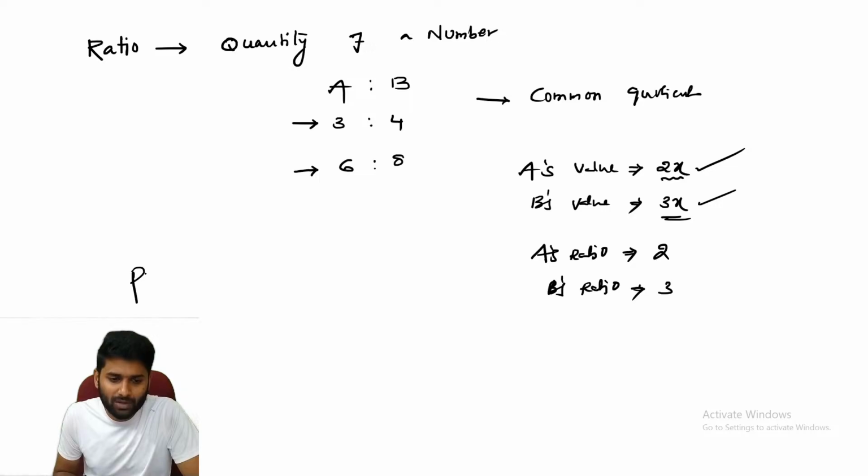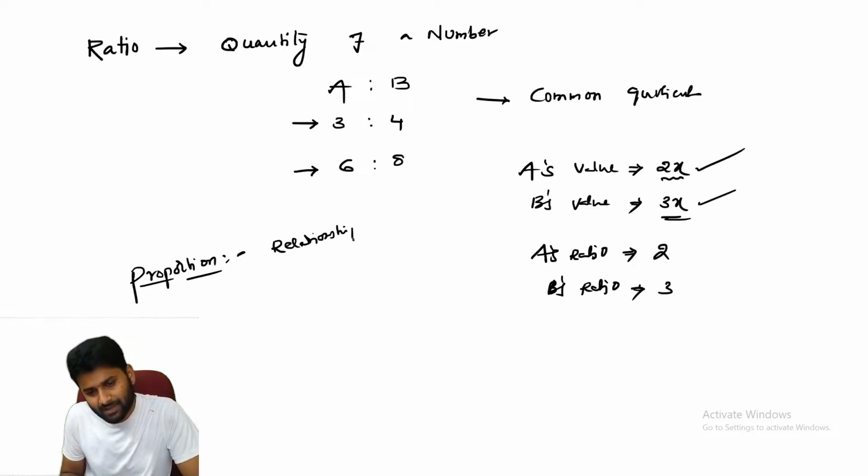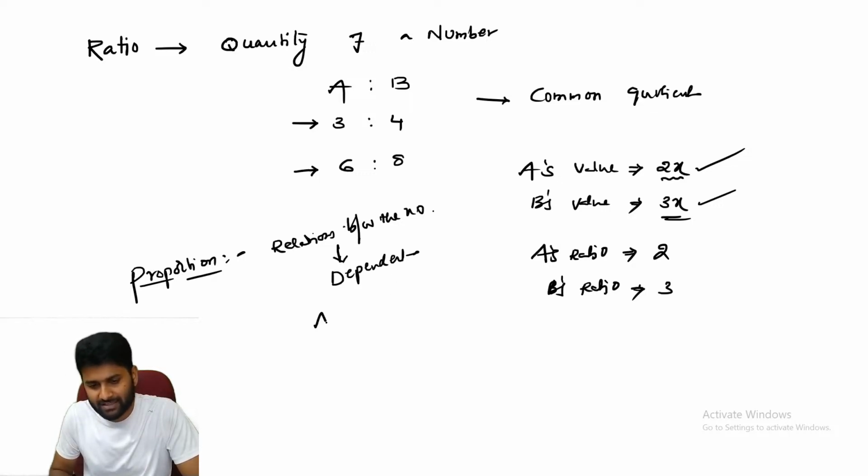In the same way, what about proportion? Proportion, guys, means it's a relationship, a relation between the numbers. Proportion is all about dependence. For better understanding, let's take this example. If A is to B is equal to 3 is to 4, what is A's proportion?